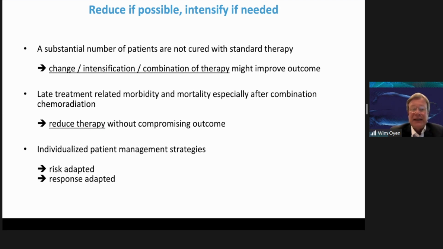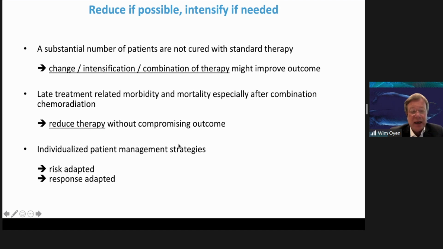Second, late treatment-related morbidity and mortality, especially after combinations of chemotherapy and radiation, may drive the need for reduction of therapy in those patients who do not need the full amount of systemic and radiotherapy. So a second argument for early response assessment is to reduce therapy where you can do that without compromising outcome. And we have some beautiful phase 3 studies underpinning this.